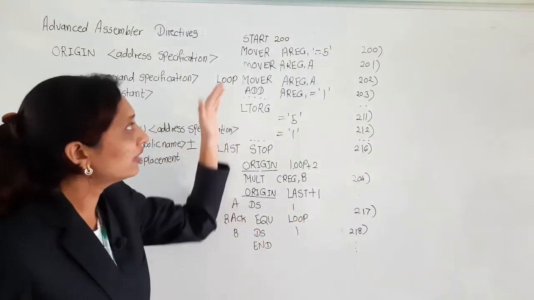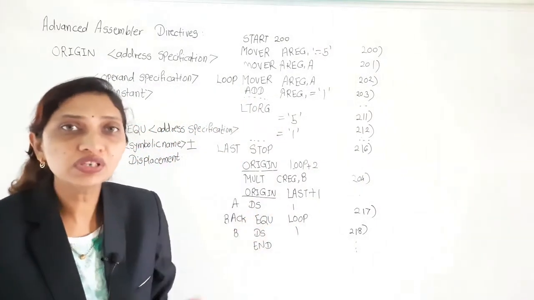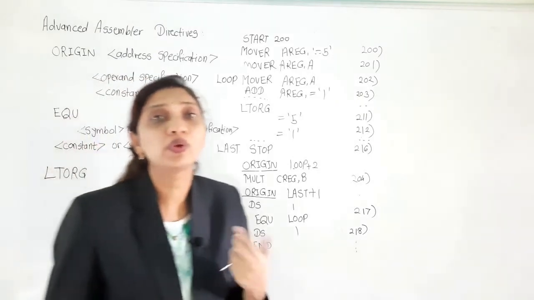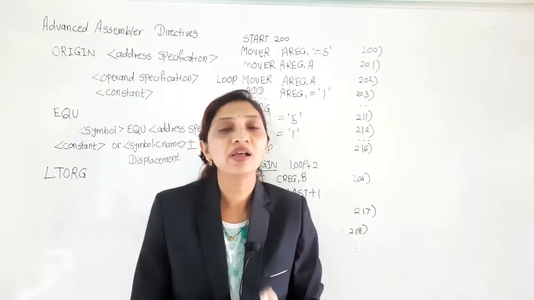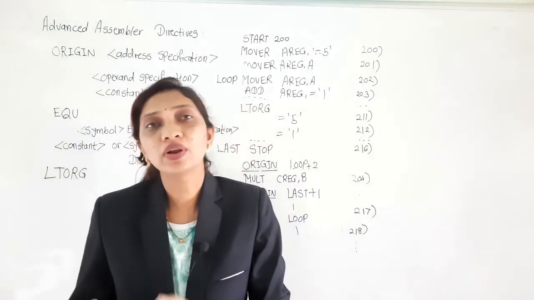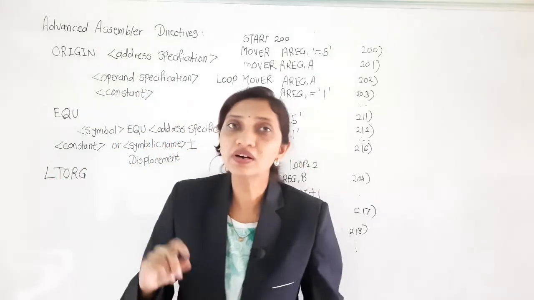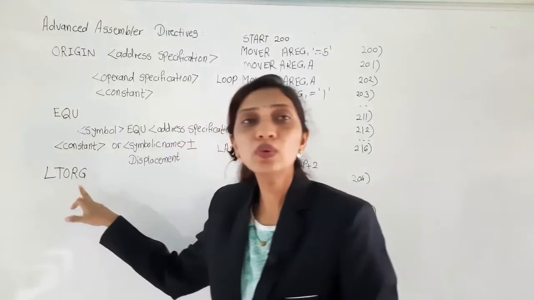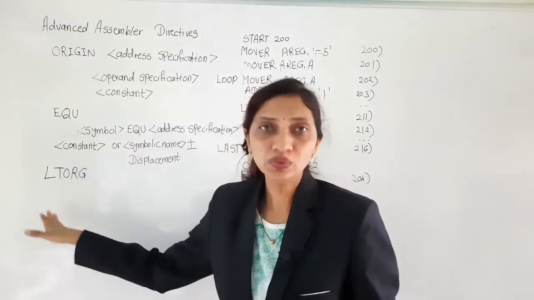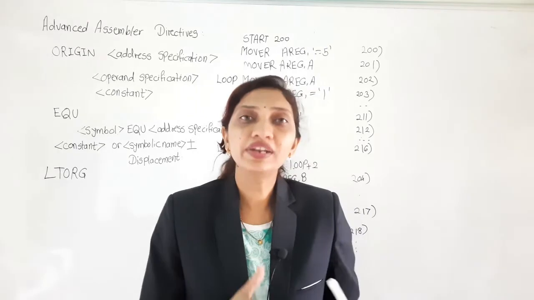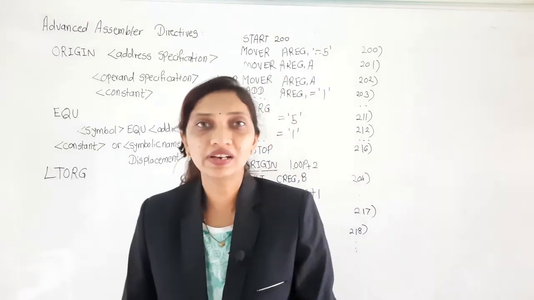When a literal is used in your program and the programmer wants to store that literal according to his choice, according to his address, then we can use the assembler directive LTORG, meaning origin to literal. In this way the literal entry is performed in the literal pool.